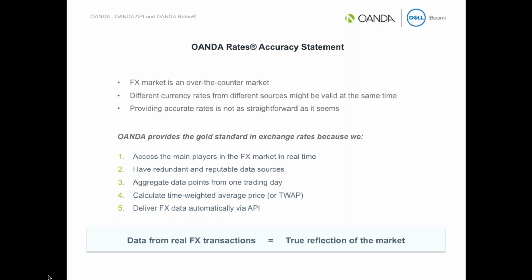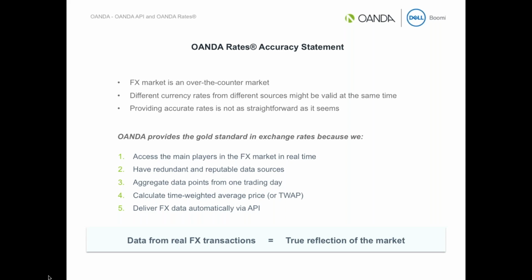This report is posted to our website if you're interested in getting to the specifics and learning more. And we will have a link to the document at the end of the presentation so that you can learn about why OANDA and how we source our rates and why they're the best.